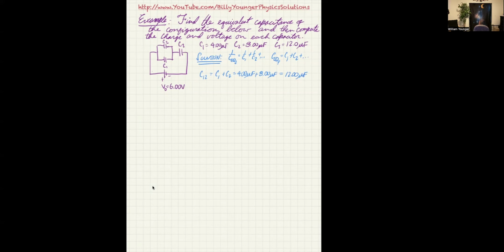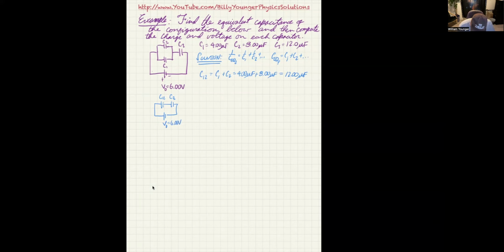So we now have a circuit that we can rewrite as battery, capacitance C12 in series with capacitance C3, like that. And again, this is just plain V0 equals 6.00 volts.